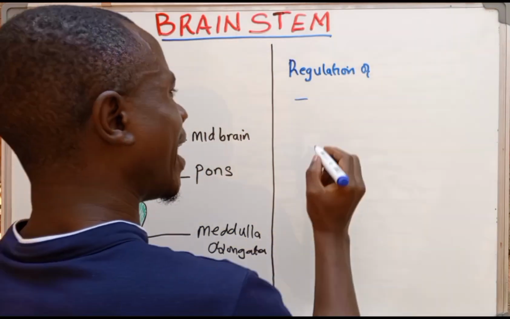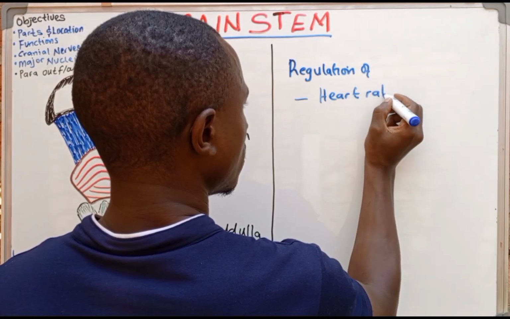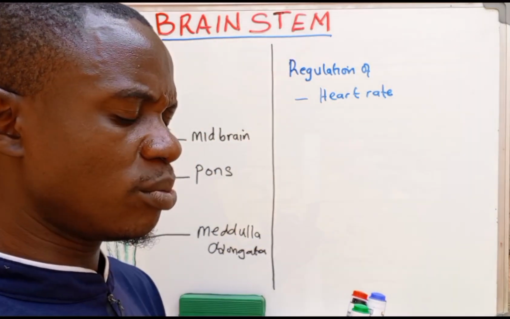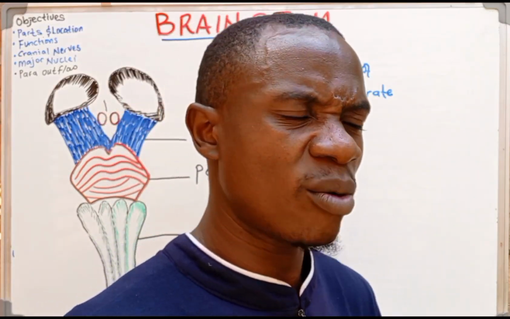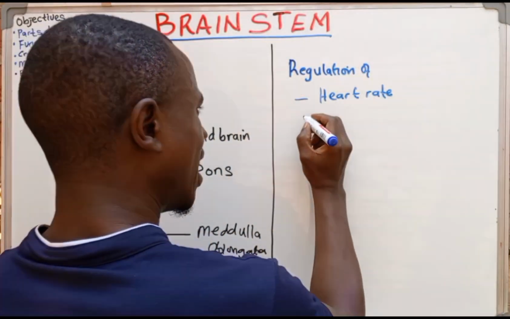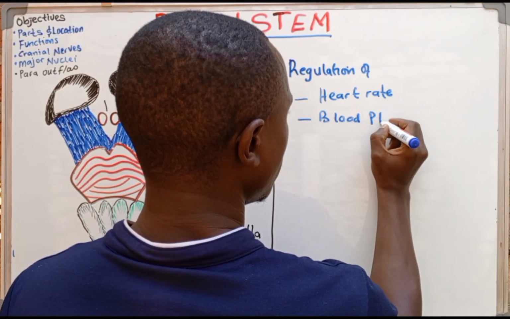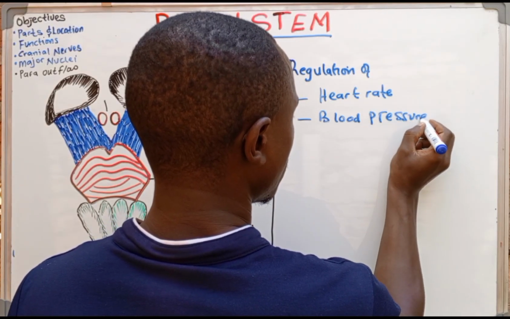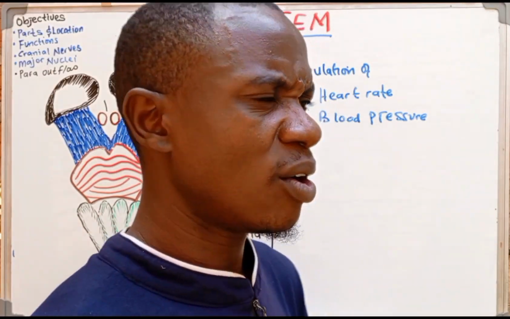For example, heart rate. And of course, heart rate is regulated by a specific part of the brainstem, which is the medulla oblongata. And if you regulate the heart rate, it means you have the ability to regulate the blood pressure, okay? The blood pressure can also be regulated by the medulla oblongata.